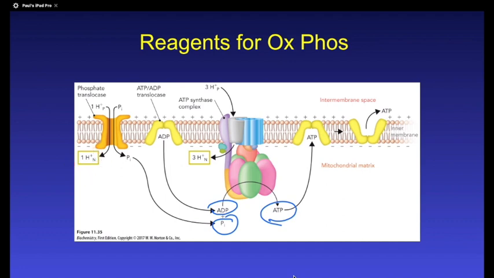This is that 4th proton that is needed to make an ATP. 3 are used for the synthesis, and 1 is used for the transport of the PI, so I keep everything balanced. Okay, so it does take 4, 3 through the synthase, and 1 to make sure I have the reactant, the inorganic phosphate.